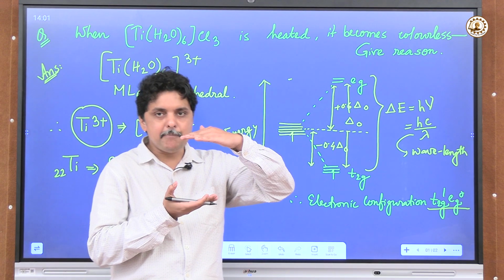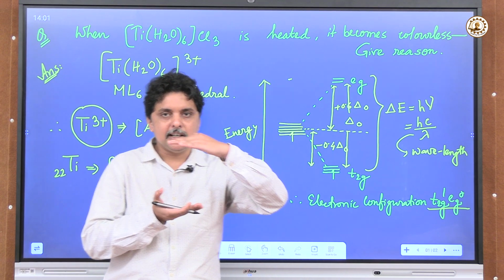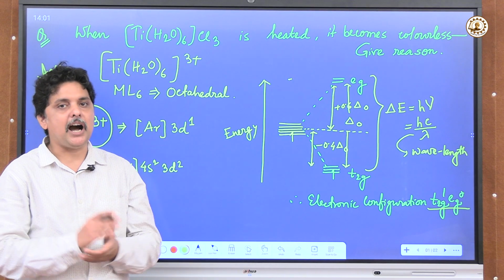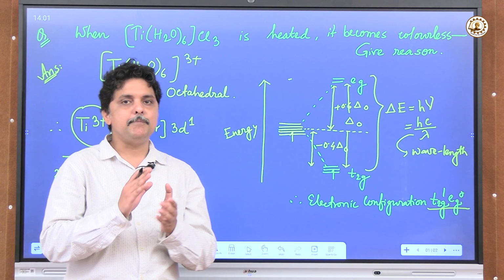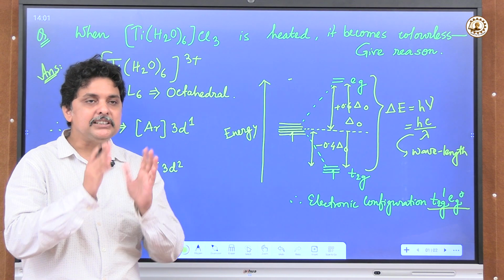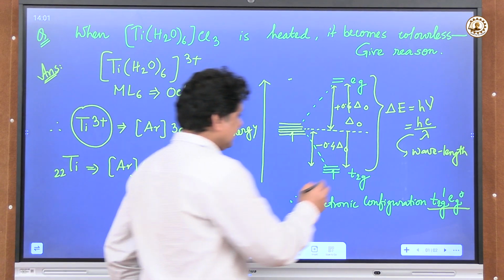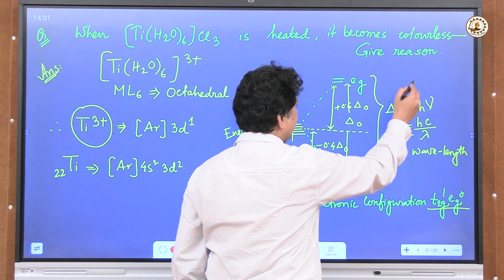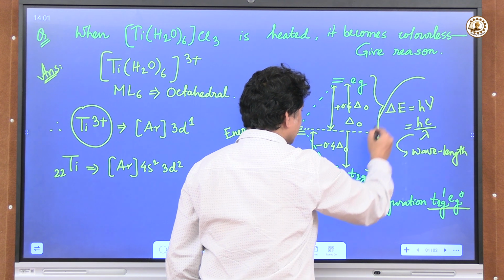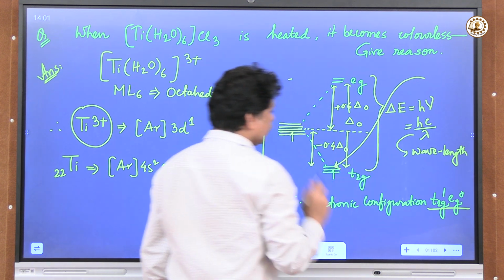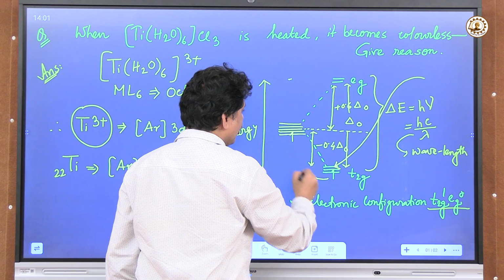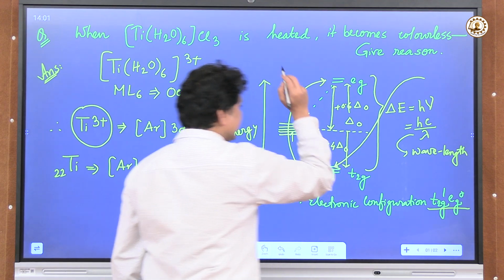Now the energy gap between this t2g and eg is not significantly high. Therefore simply by using visible light we can supply a sufficient amount of energy to this electron so that it can move to eg.